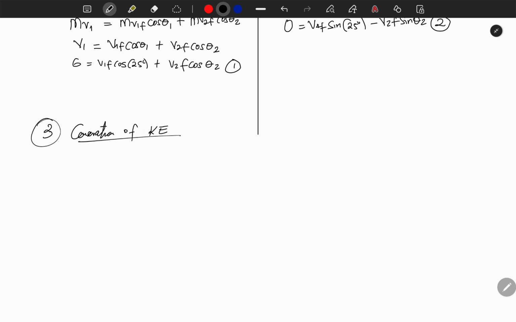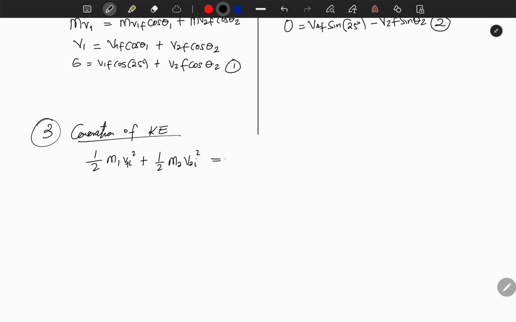The kinetic energy before and after should be the same. So we are saying, since we've got two balls, we have the initial kinetic energy of the first ball, you square it, plus for the second one you do the same.